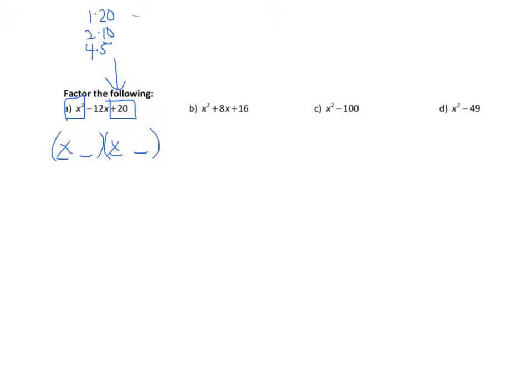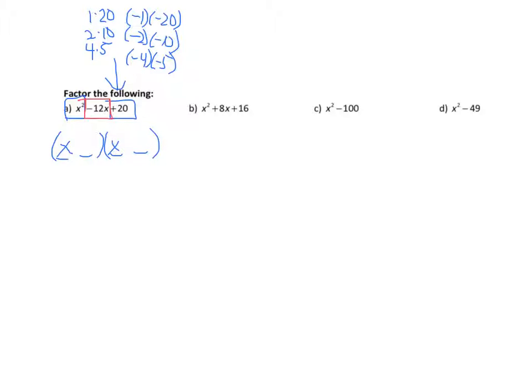So I could also do negative 1 times negative 20, negative 2 times negative 10, and negative 4 times negative 5. And the question is, which of these pairs of numbers will add up to give me my middle term, which in this case is negative 12x.